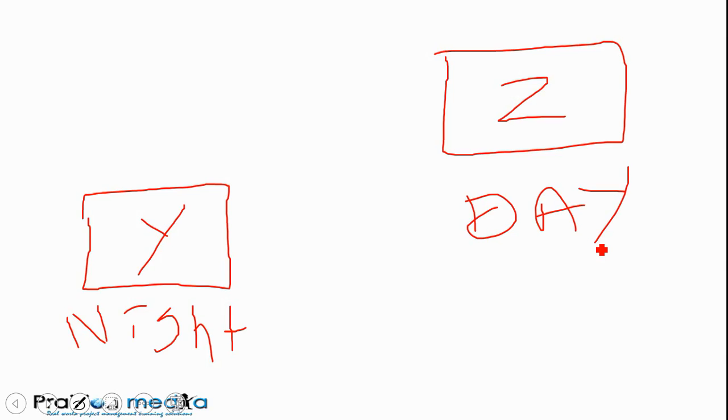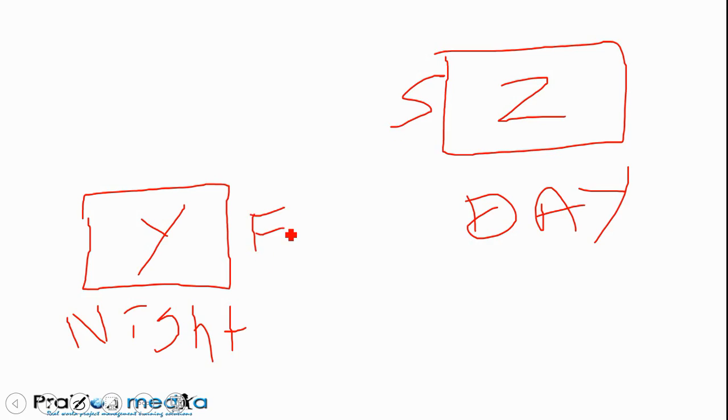We could say until the day guard shows up to take over at 7 a.m. in the morning, the night guard cannot finish. Do you see that? Unless the day guard Z starts, and I'm going to put an S here for start. Unless the day guard starts, the night guard cannot finish.